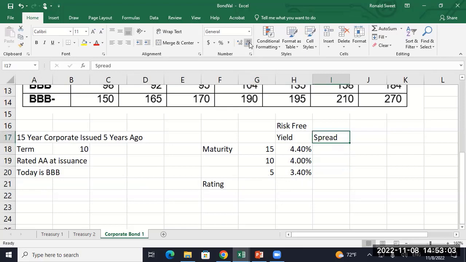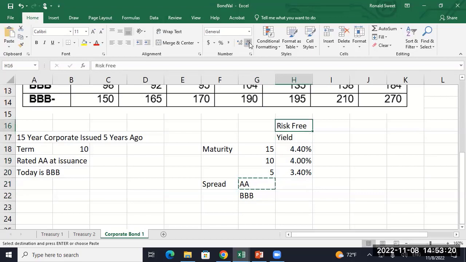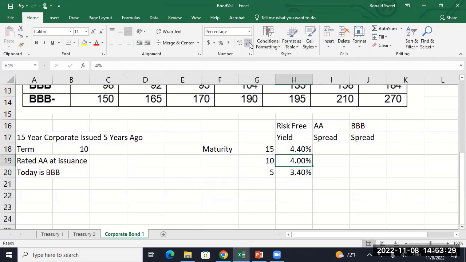All right. We do the spreads. So AA, BBB. Oh, I don't know how to do this, so I'm going to do it over here. So let's say the spread here is 55, 50, 45.